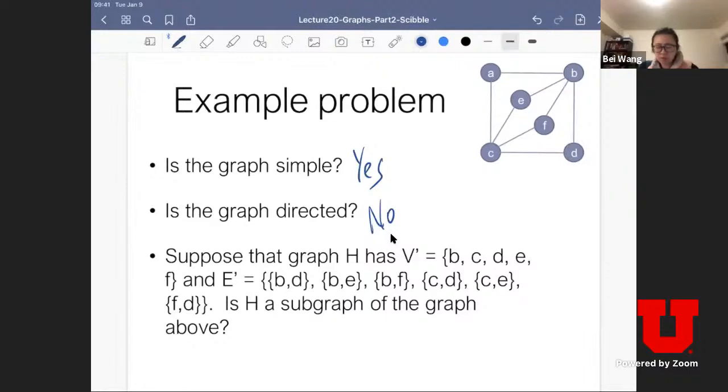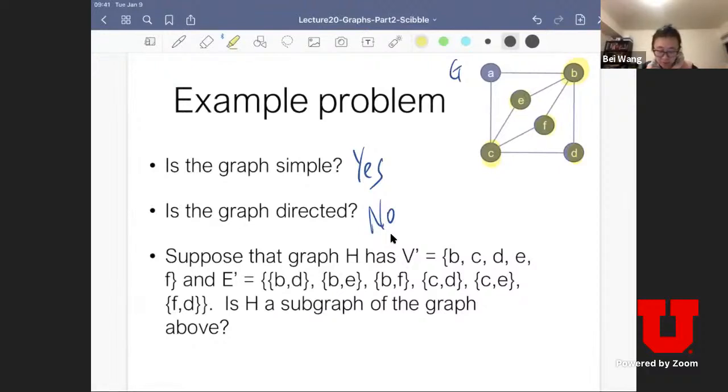What you can do is try to map all the vertices from H to the vertices in G, and all the edges in H to the edges in G. Okay, so this is my graph G. And now let's map the vertices first. I have vertex B from H that is in G, C, D, E, F. Okay, so the vertices map into each other.